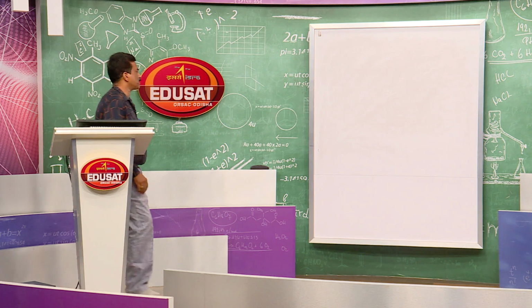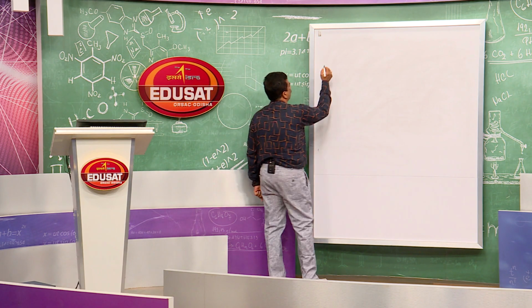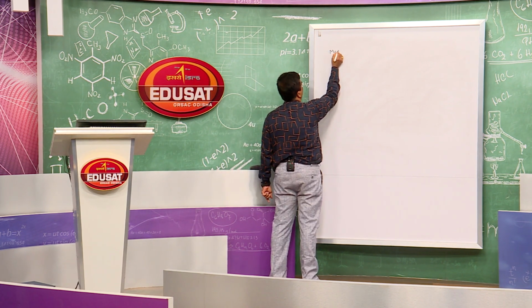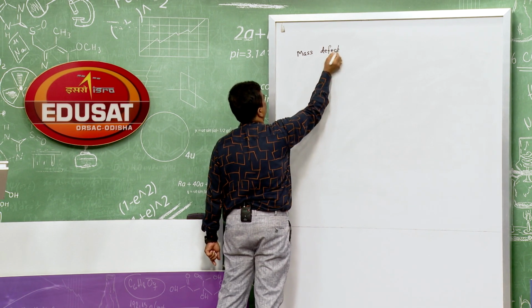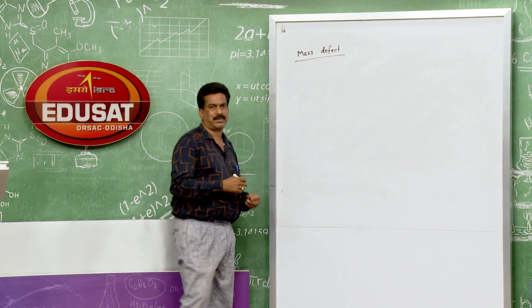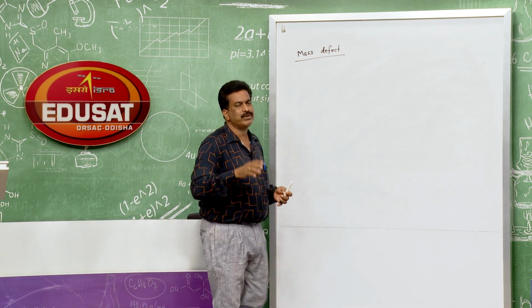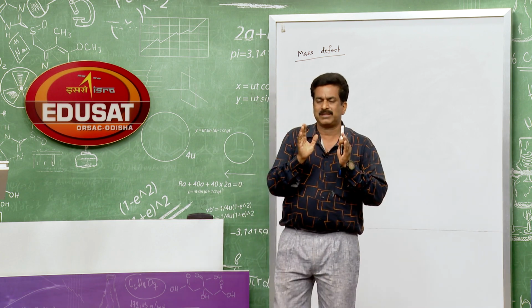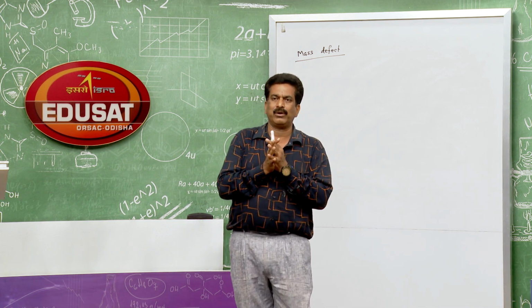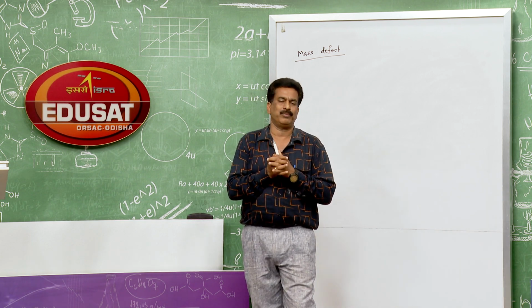Now we will discuss another new term in nuclear physics, that is mass defect. This is the mass defect. So what is a defect? It means a thing which is supposed to work in a specific way, and if that does not happen, then we say that it is in a defective mode.